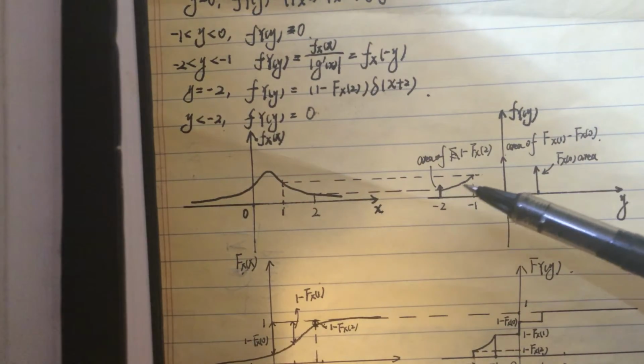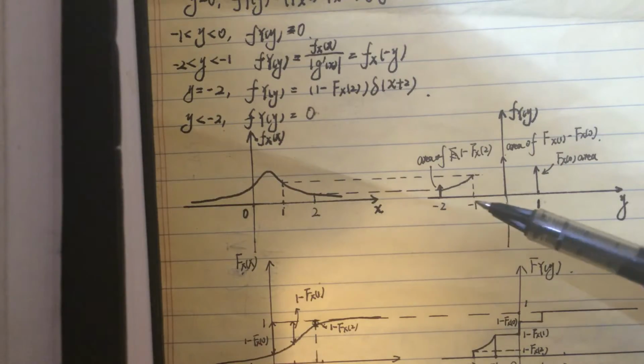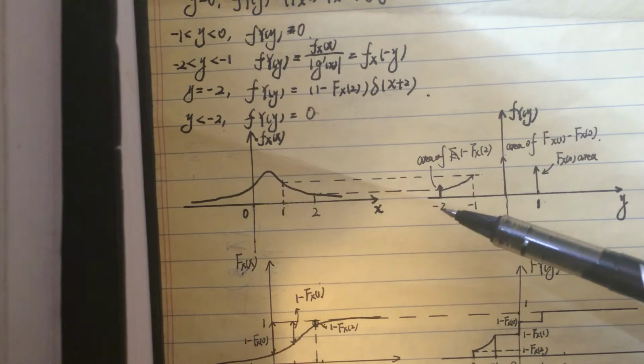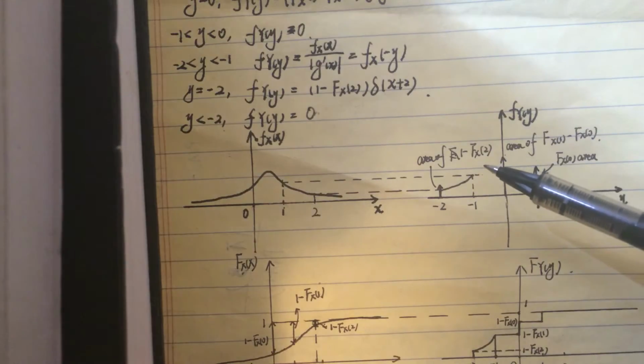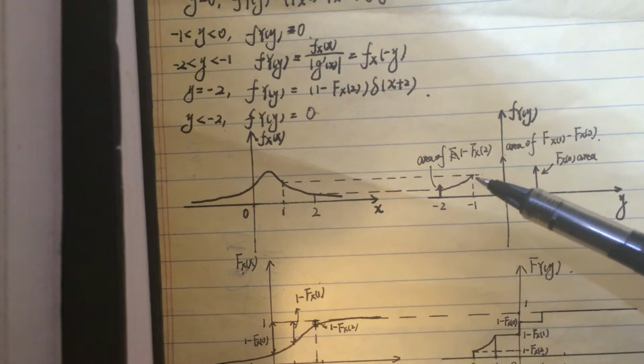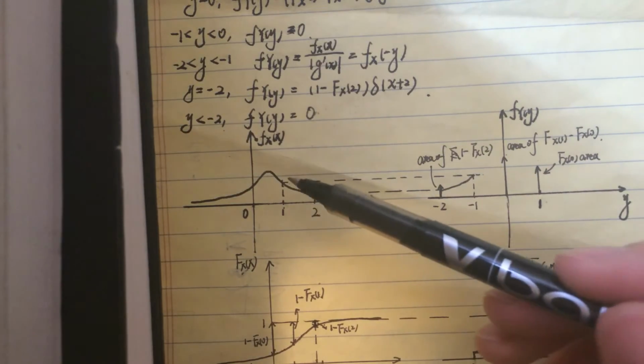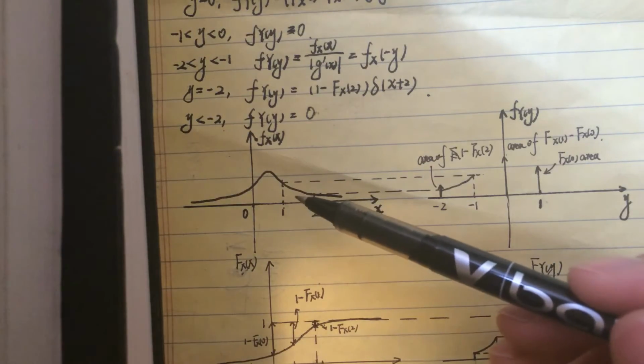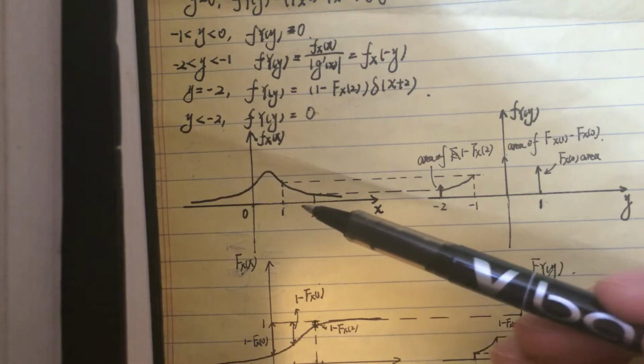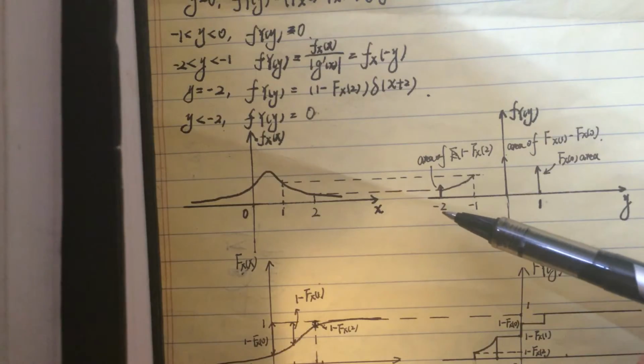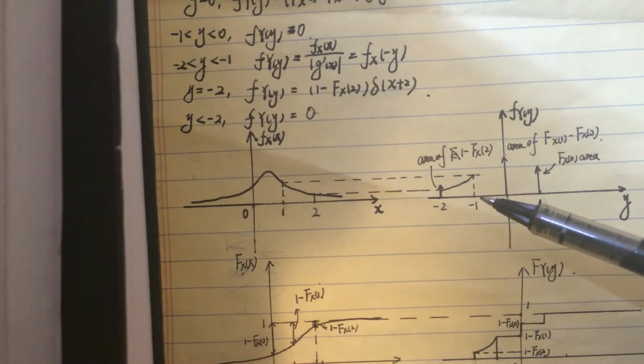And for this region, from minus 2 to minus 1, it is just like this curve in f_X from 2 to 1, and this is from minus 2 to minus 1.